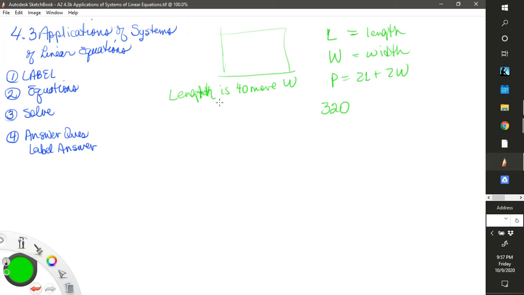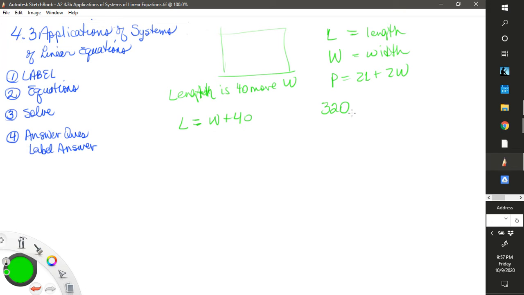Okay, so if I wanted to balance those out, the length is already 40 more. So I would have to add 40 to the width to make them equal, because right now the length is already 40 more than the width. So to make them equal, I would have to add 40 more to the width.